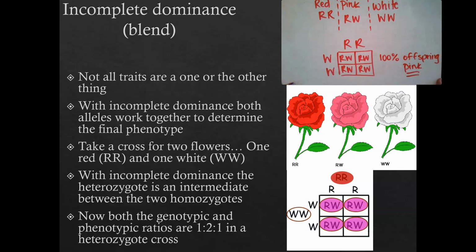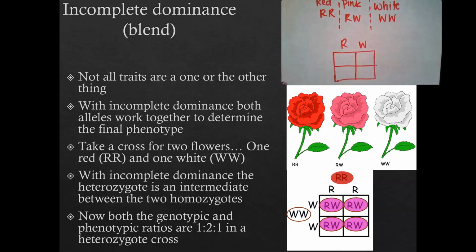Now, if I cross two pink flowers, which is similar to doing a heterozygote cross, RW and RW, I get a genotypic and phenotypic ratio of 1 to 2 to 1. Because my genotypes are RR to RW to WW, that also means that my phenotypic ratios are red to pink to white.